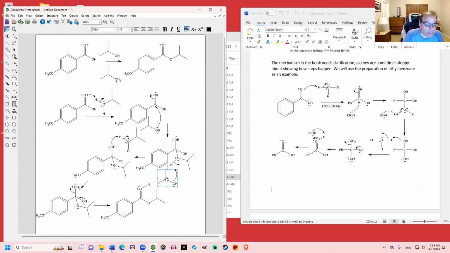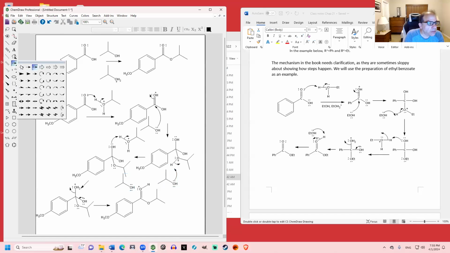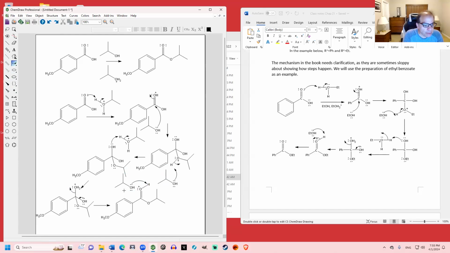That's the strongest base we have in this acidic solution. We use that to pull off the proton, break the oxygen-hydrogen bond, put the electrons back onto oxygen, get rid of the plus charge.